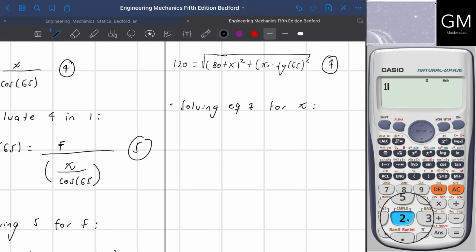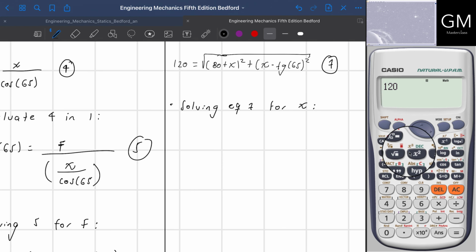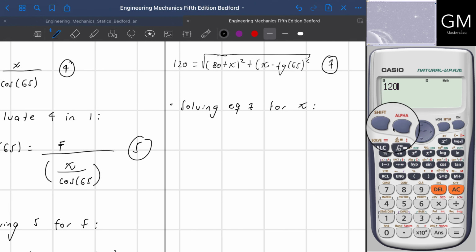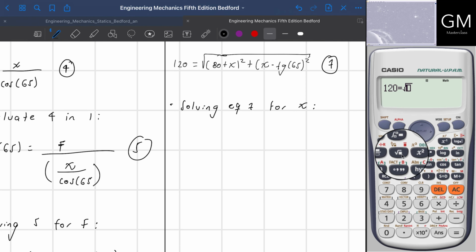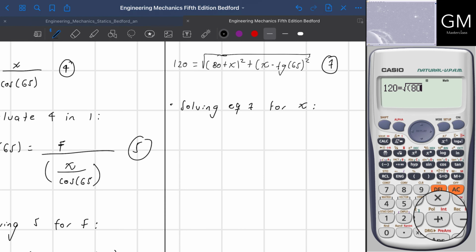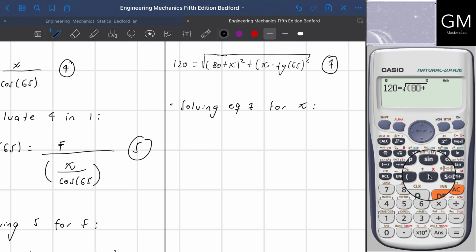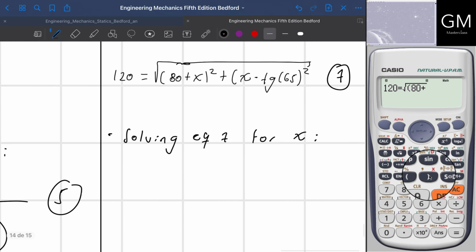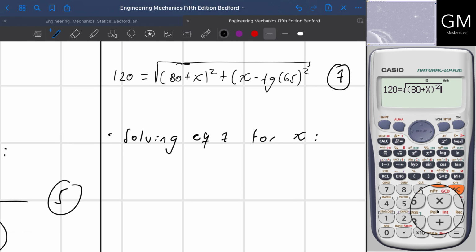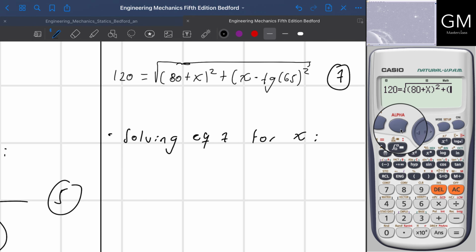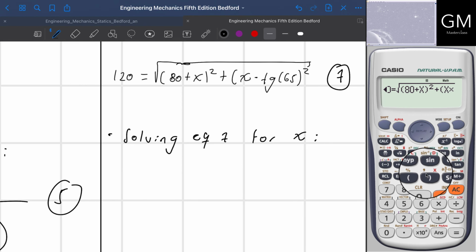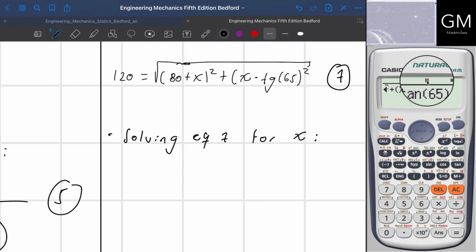So I have 120 equals the square root of (80 plus, in this case my incognita, I'm going to call it x) evaluated to the second power plus (x multiplied by the tangent of 65) evaluated to the second power.